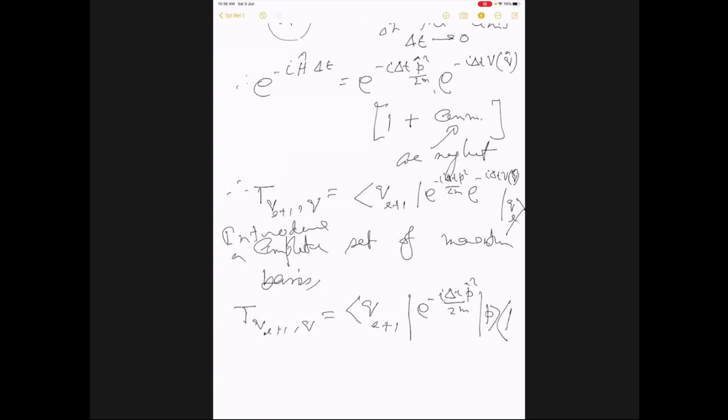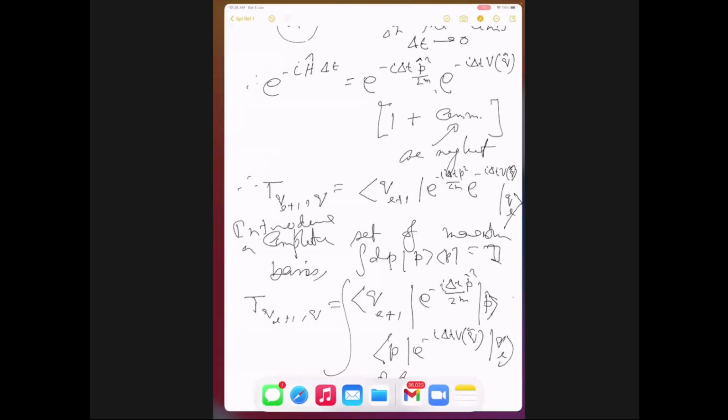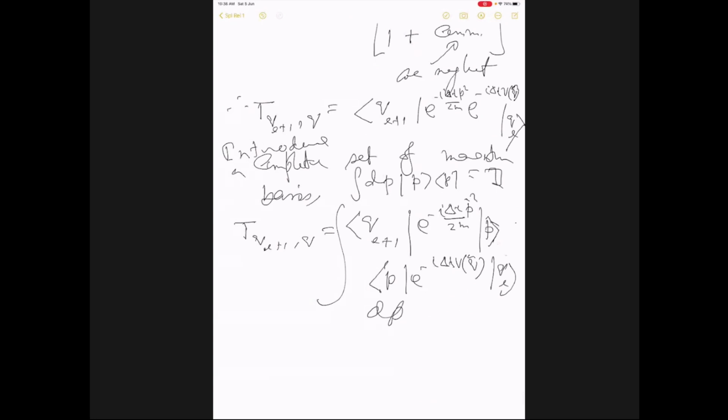I introduce a complete set of momentum basis, so it becomes |p><p|. But then, of course, you have to integrate over dp because you have introduced the complete set of momentum basis, the integral of dp |p><p|, which is equal to identity. So I've introduced an identity operator between these.